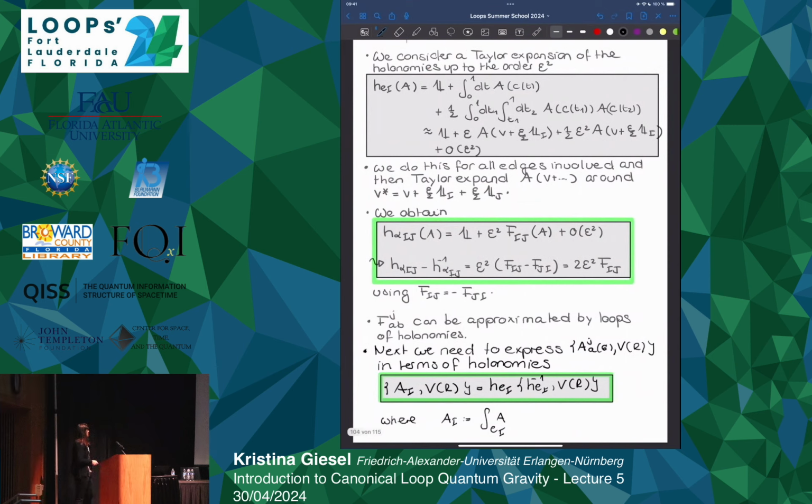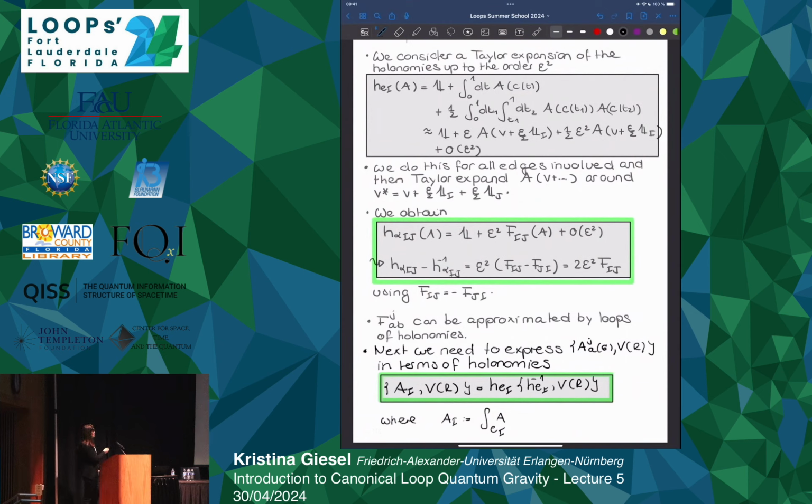Now, in order to show that this approximates F well, we consider an expansion. So these edges are tiny. They are of length epsilon. So we can just expand the path-ordered exponential, let's say along the edge e_i. And in the lowest order, we just get the identity. In the linear order, we get one integral.